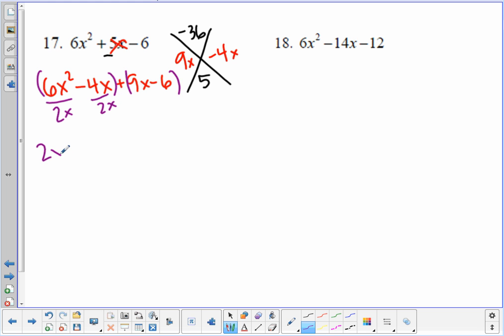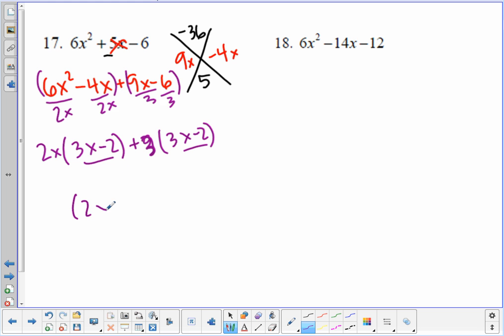So 2x out front, meaning 3x minus 2 behind. Then 9x minus 6 divided by 3. I'm going to divide by 3 here. Oops, not 9, 3. And that leaves me with 3x minus 2. Same, same. 2x plus 3, 3x minus 2.